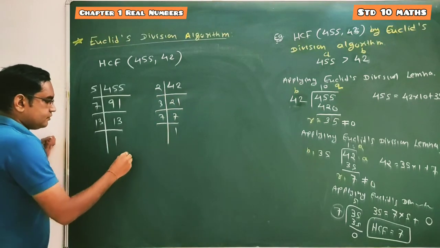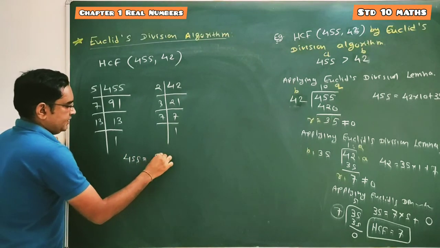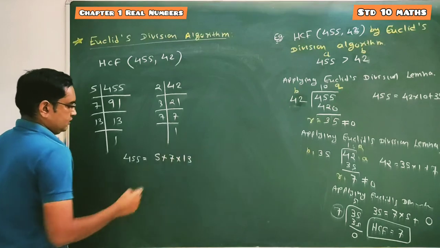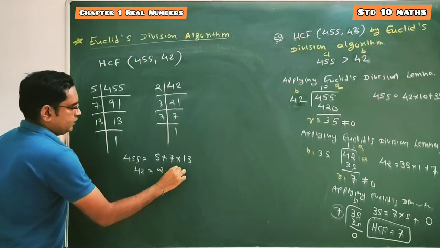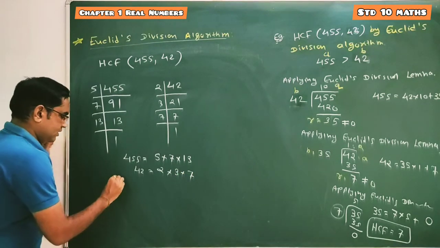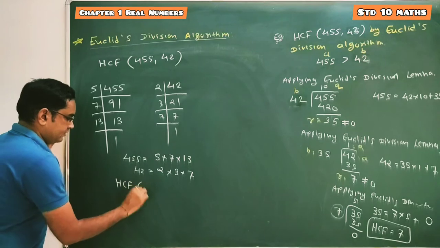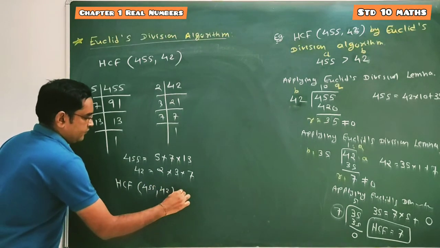So here factors of 455 are 5 into 7 into 13, and factors of 42 are 2 into 3 into 7. Now we have to check the highest common factor between 455 and 42.